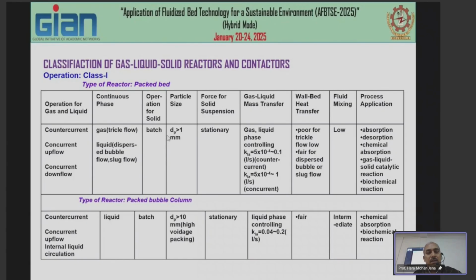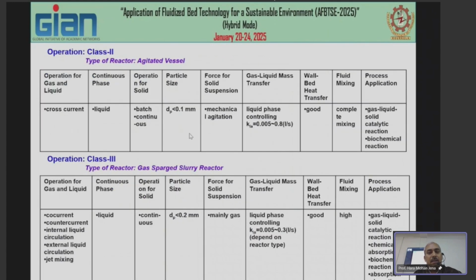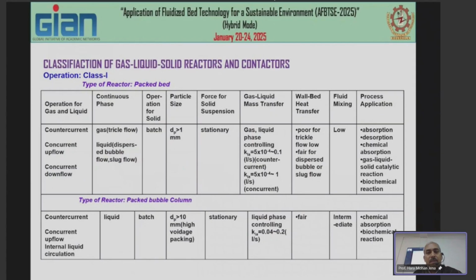Then the operation of solid is batch in a packed bed. Once it is in the bed, it always remains intact in the bed. The particle size normally used in a packed bed is greater than 1 millimeter. The force of solid suspension is stationary.